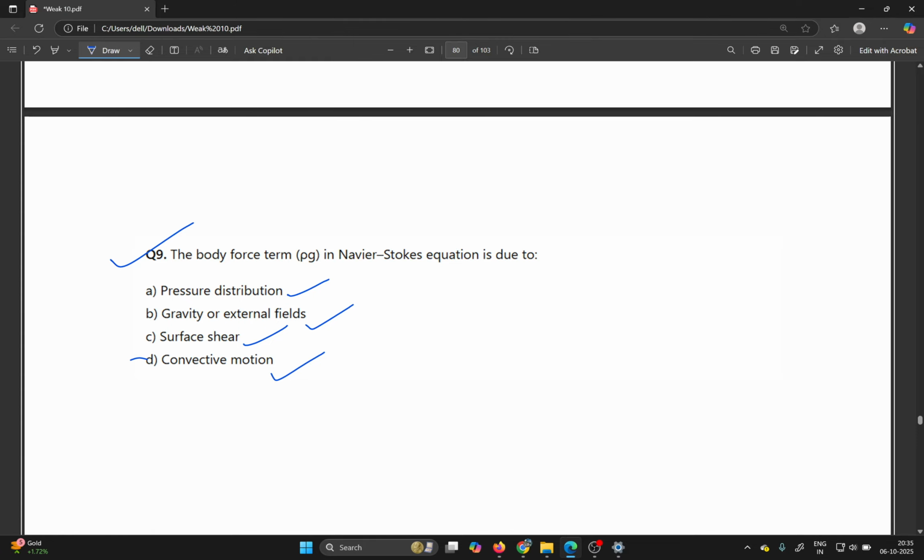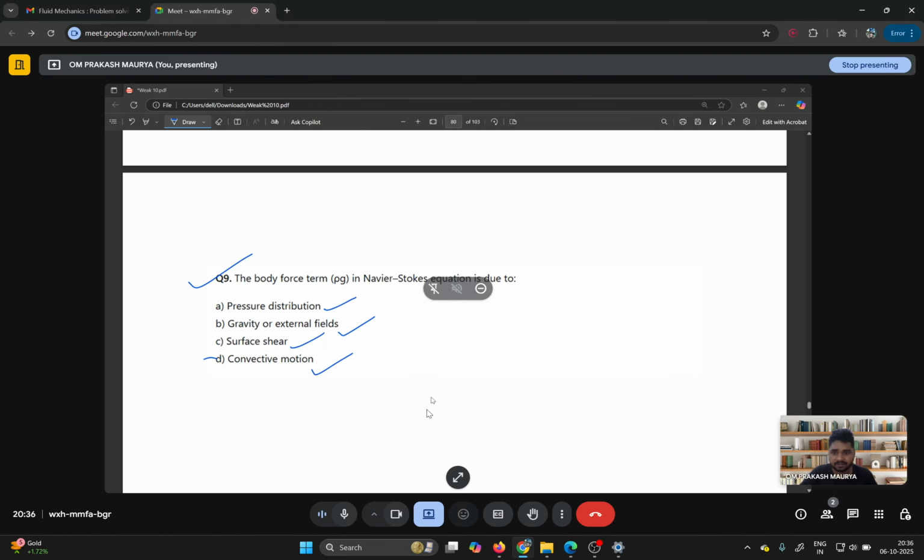At undergraduate level, people generally do not talk about the Navier-Stokes equation; most of the time the limitation is up to Bernoulli's equation. That's why I'm discussing a very simple question here. So just think on that, which option will be correct.